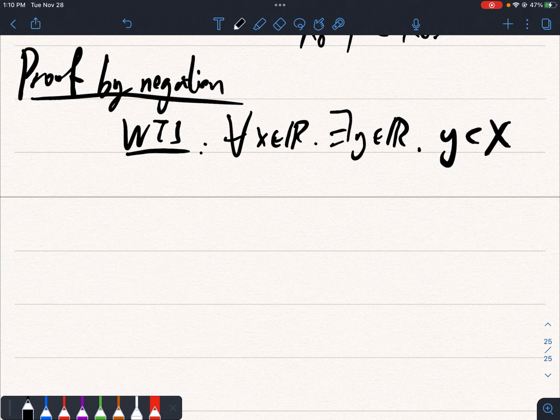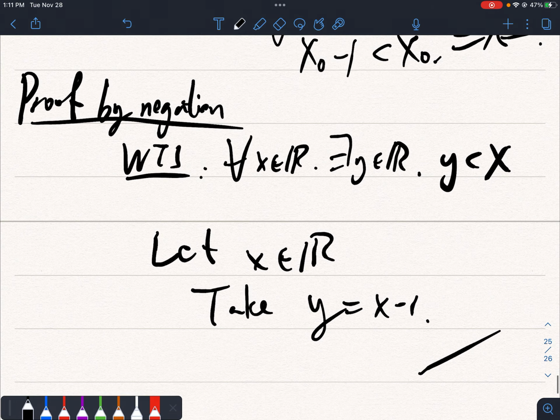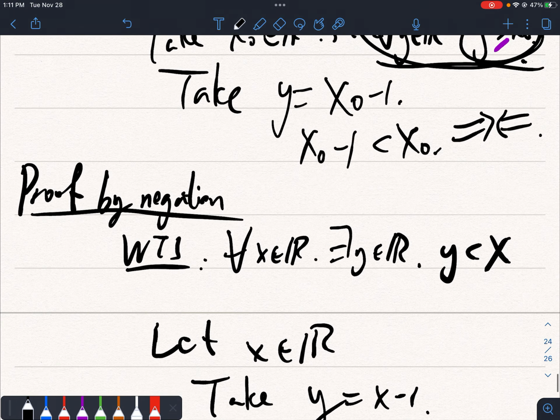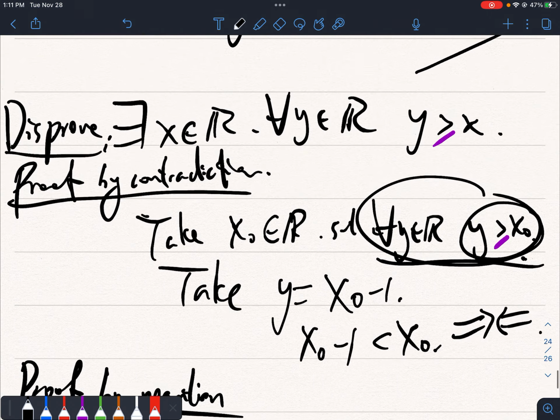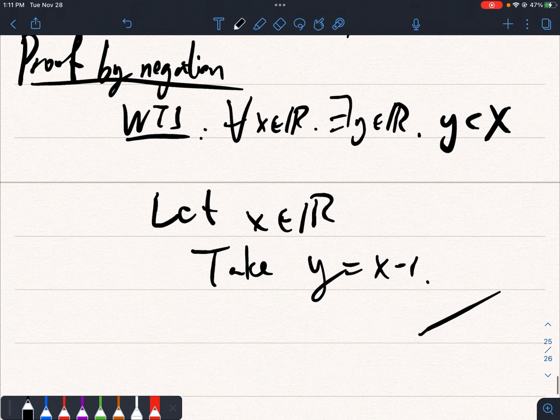Okay. So now if we want to prove directly by negation, then just let x in R and then take y to be some value less than x. Then we just take y to be x minus 1. Okay, we win. It's trivial, but you need to switch the quantifiers, which takes time.